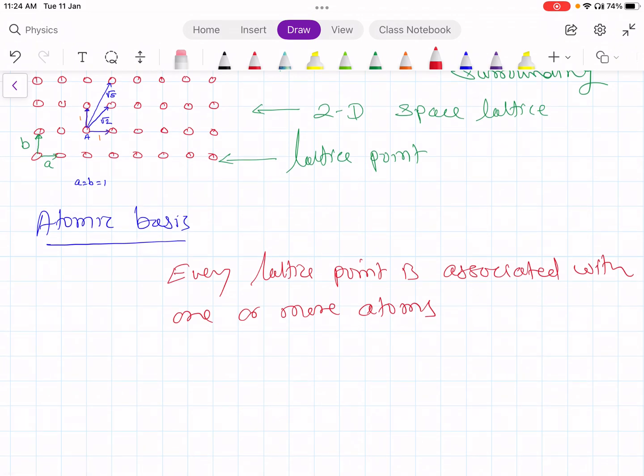In other words, basis is an assembly of atoms. There can be one atom or a number of atoms, so it forms an assembly of atoms.